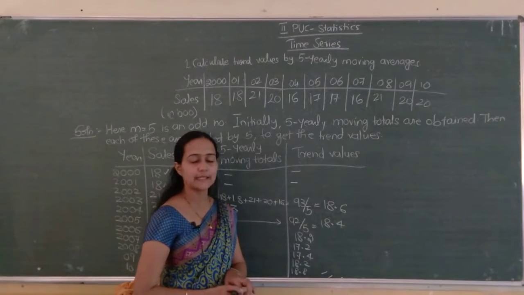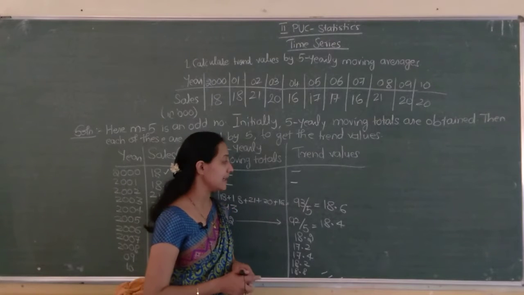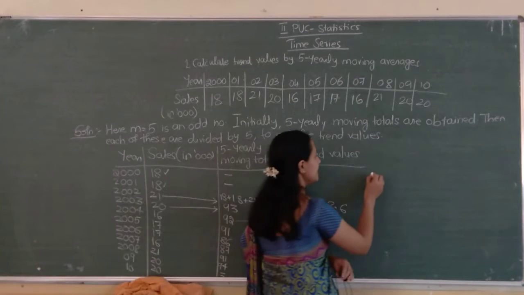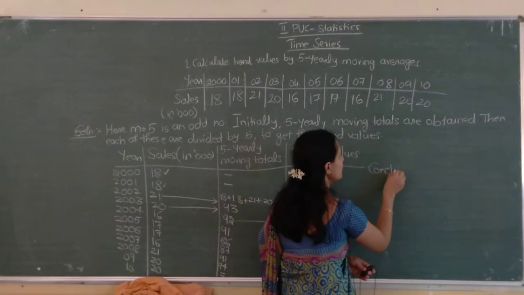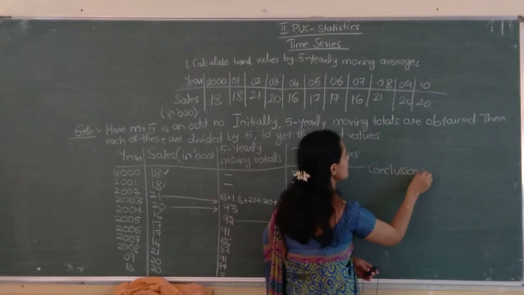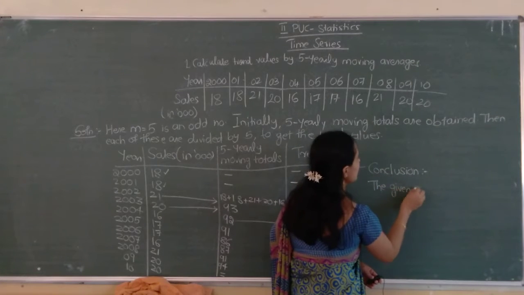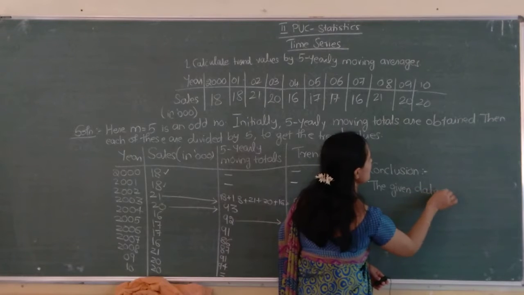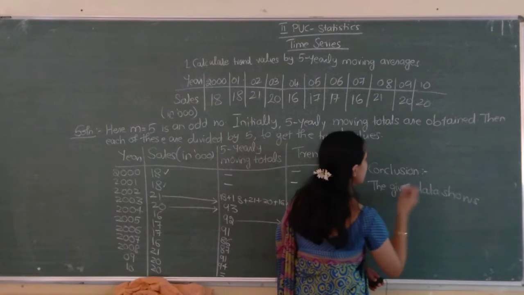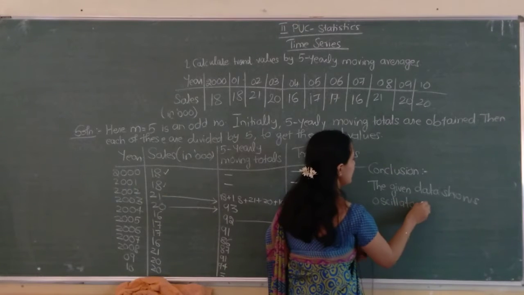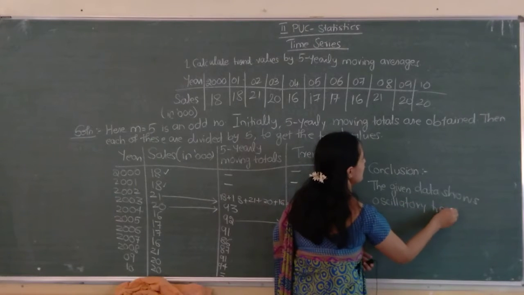So we can't tell whether increasing or decreasing. The given data shows oscillatory trend. You have to write the conclusion below. The conclusion is the given data shows oscillatory trend.